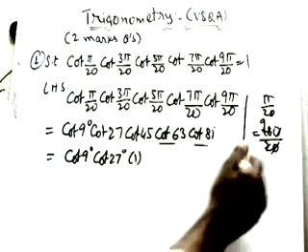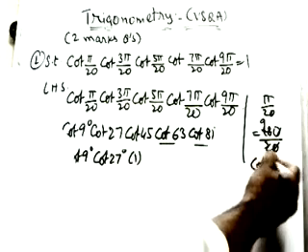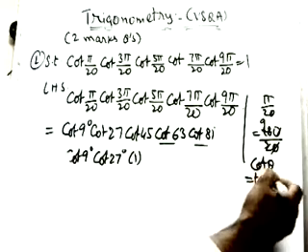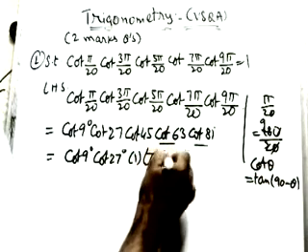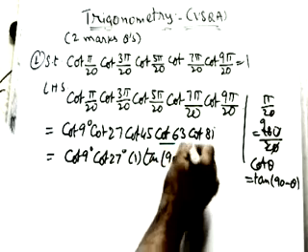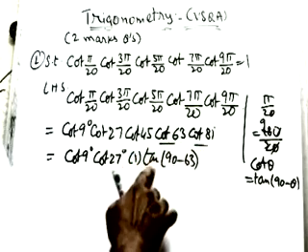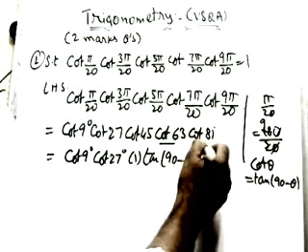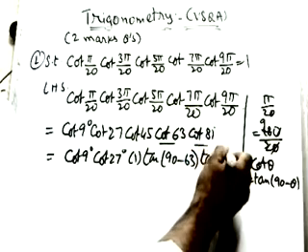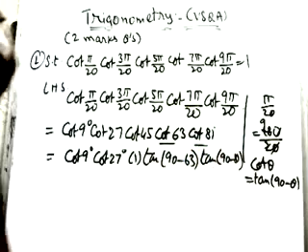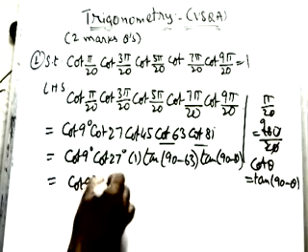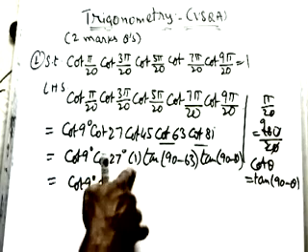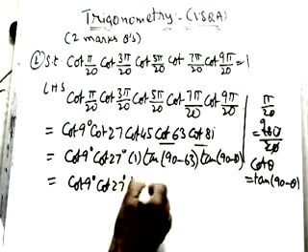Now you change this: cot theta can be written as tan 90 minus theta. So this will become tan 90 minus, what is theta here? 63. Cot theta can be written as tan 90 minus theta. So what will be here? Cot 9 degrees, cot 27 degrees, into 1, you leave this.